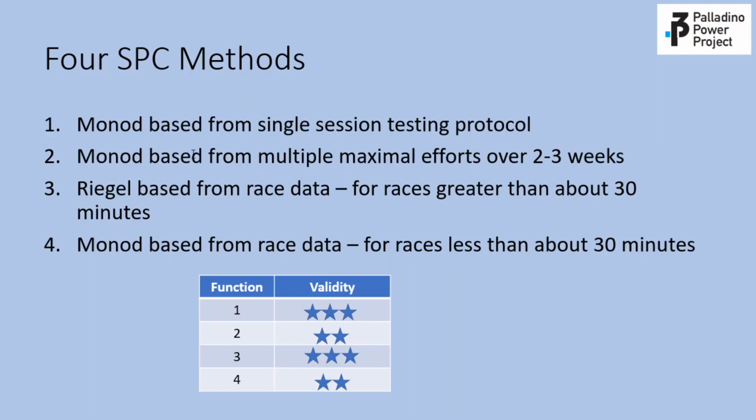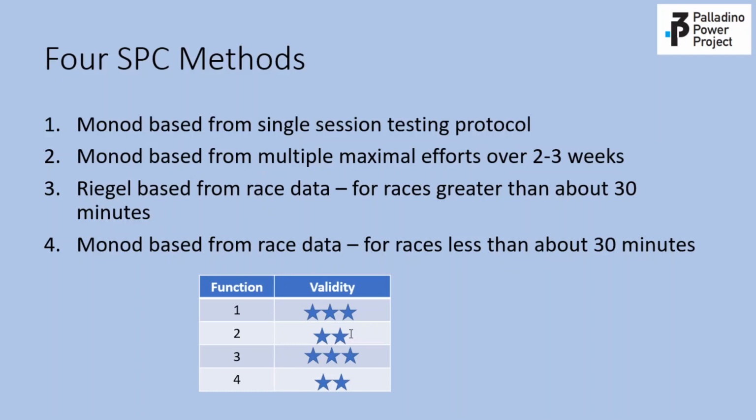The calculator where you're putting multiple efforts from a 2 to 3 week period, in my experience, has been a little bit less on the spot in terms of the FTP and reserve work capacity estimate. Just look at the reserve work capacity.